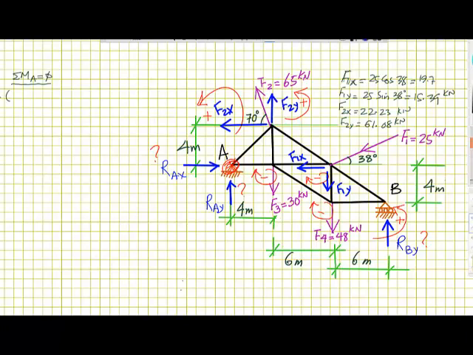F1y is equal to 15.39 kilonewton, and the perpendicular distance is 6 plus 4, which is 10, multiplied by 10 meters.